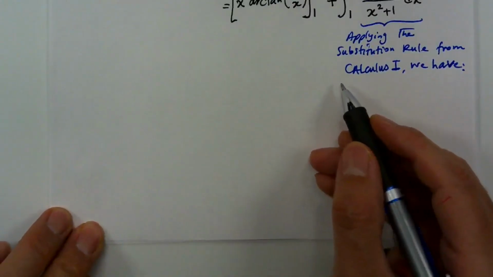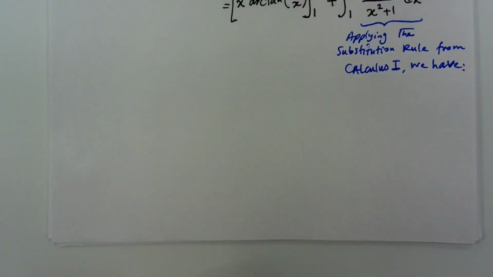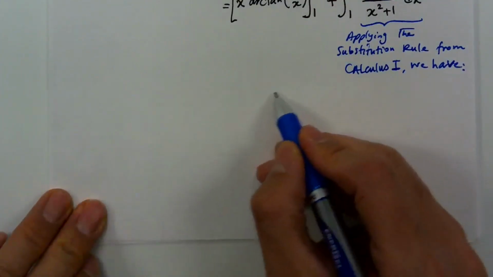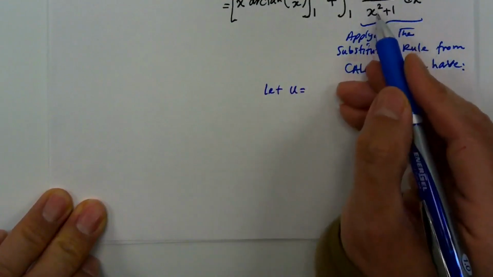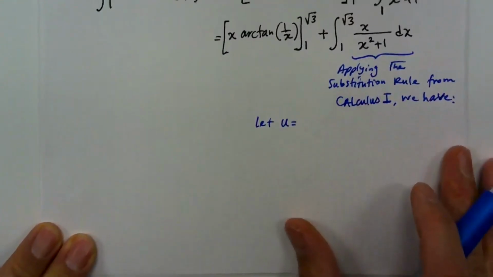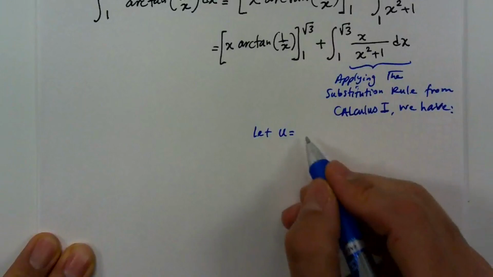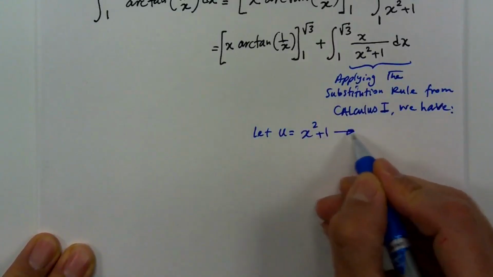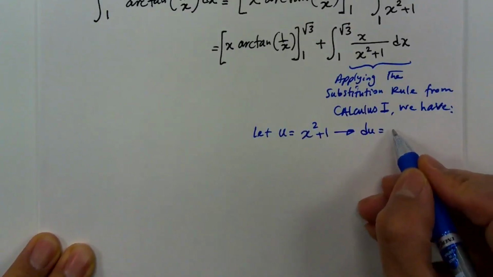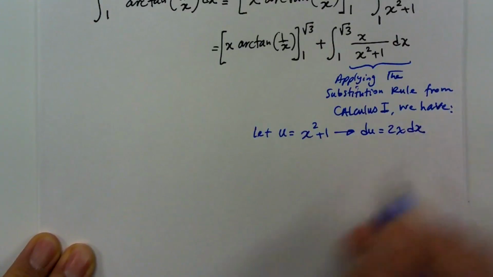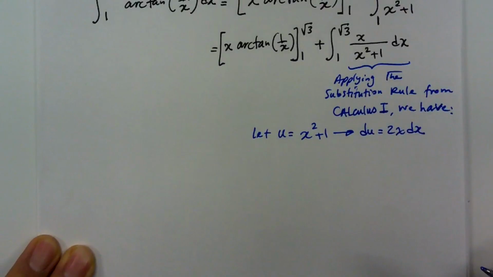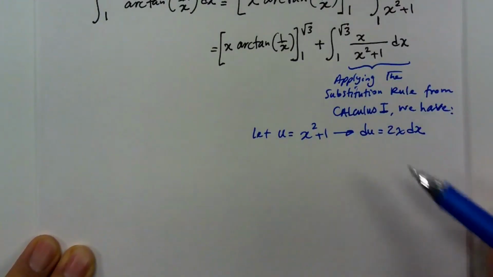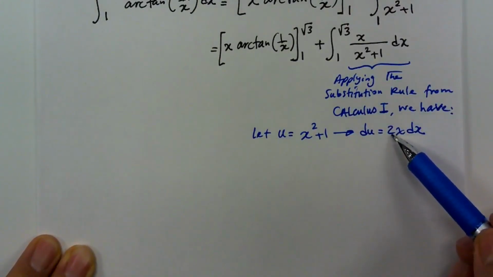This is what we have. We want to let u be equal to that, x squared plus 1. Therefore, du will be 2x dx. But we have x dx, right? We don't have 2x dx. So how do we get rid of this 2?